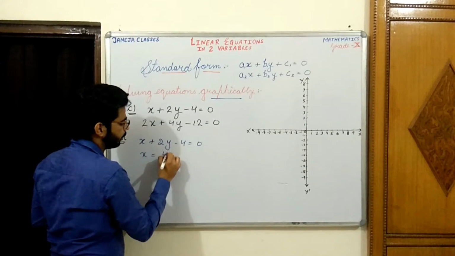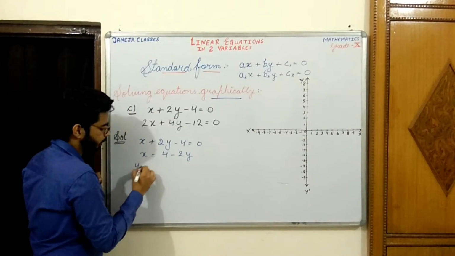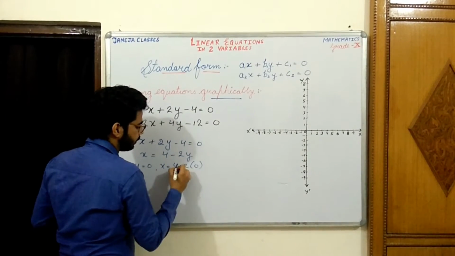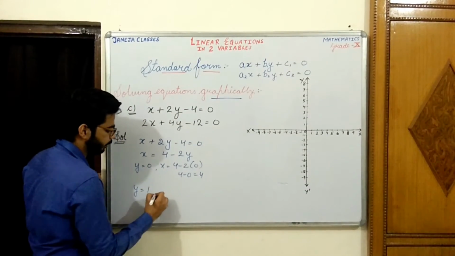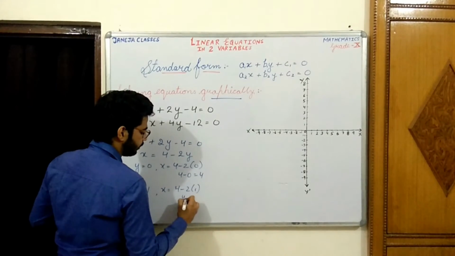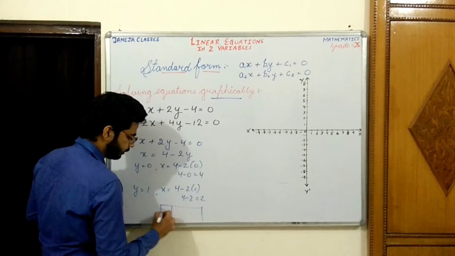See, the 4 and 2y will go to the right hand side, the sign will get changed. Now let us put the value of y to get the value of x. First value we got, now put the value of y as 1 and get the value of x. So we can make the table out of this.